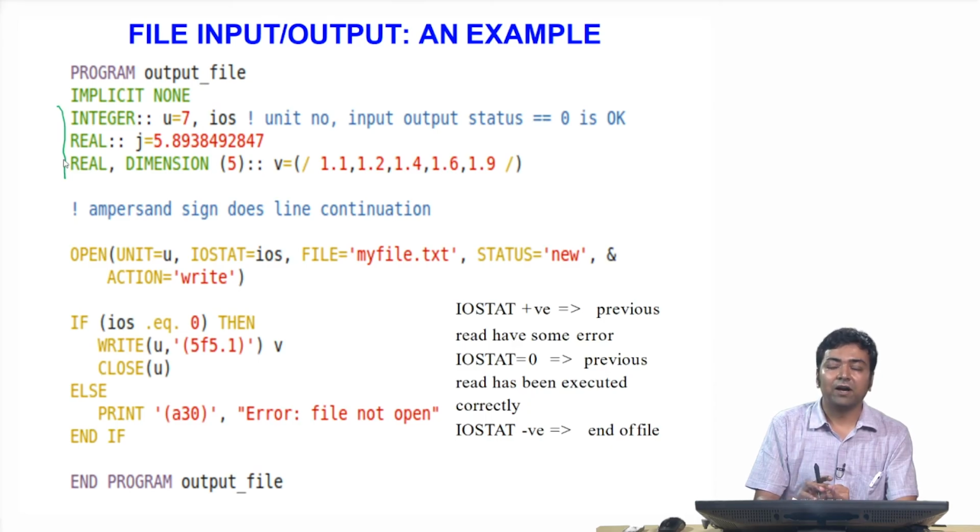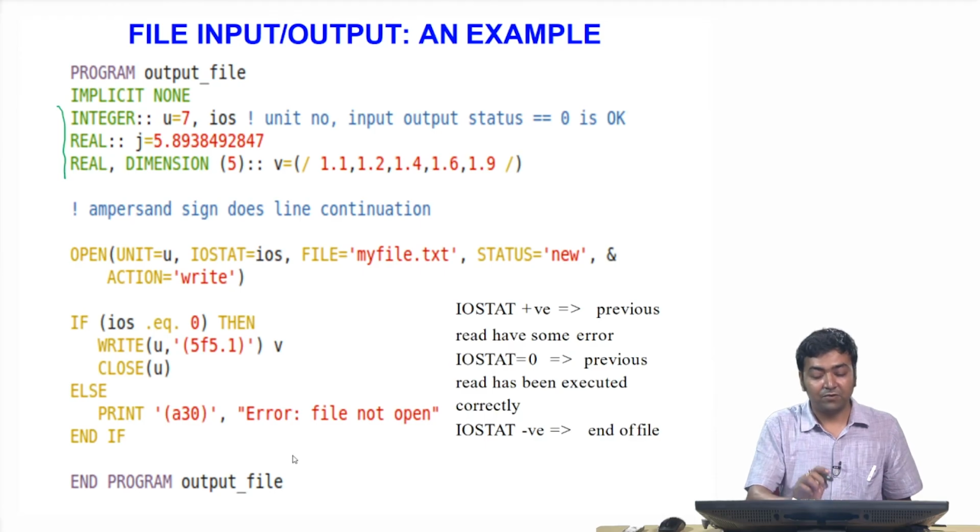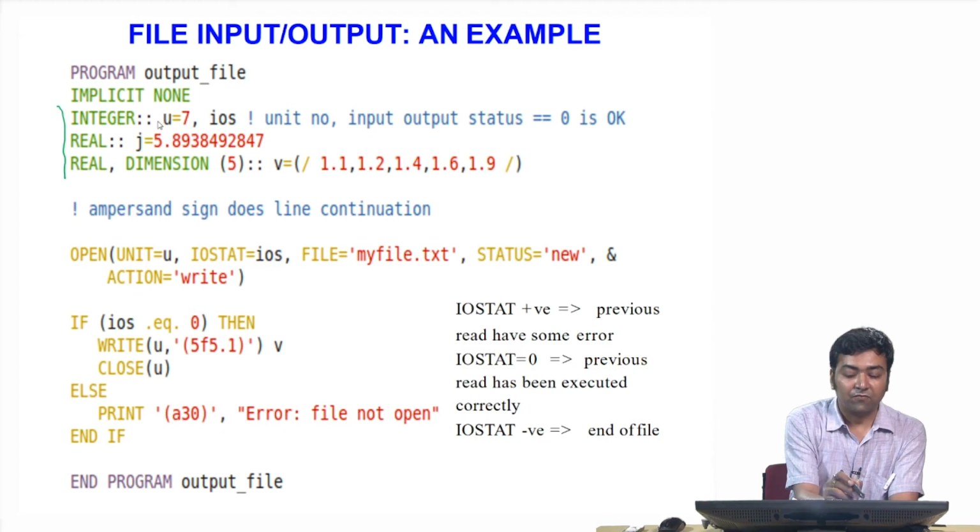So first of all, we need a file name and a unit number associated with the file, then we ask the code to open the file, then write into the file, and then close the file, and we come to the end of the program. For the unit number, we have used an integer variable which we have set to the value 7.